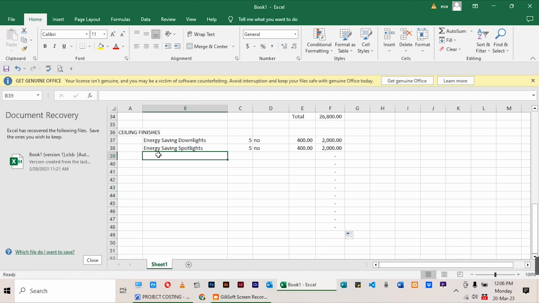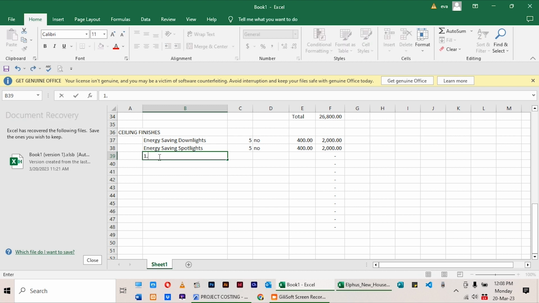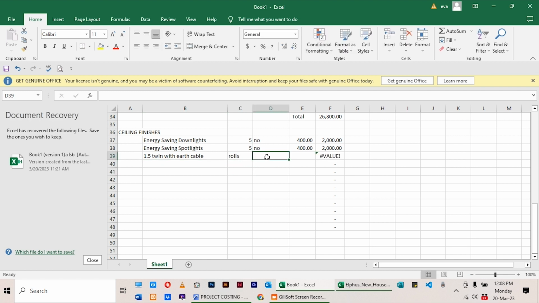We need cable. For cables, whenever you're doing lights, we normally use what you call the 1.5. Should be millimeters. So 1.5 twin with earth cable, and this comes in rolls.